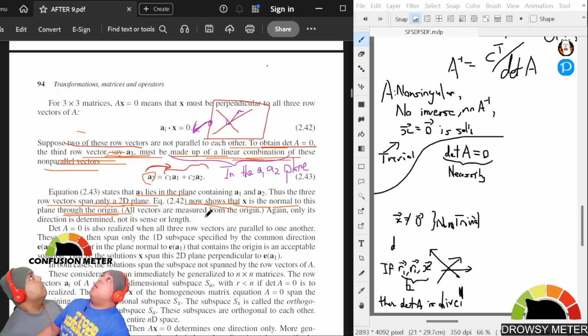This now shows that X is a normal to this plane through the origin. All vectors are measured from the origin. Again, only its direction is determined, not its sense or length.